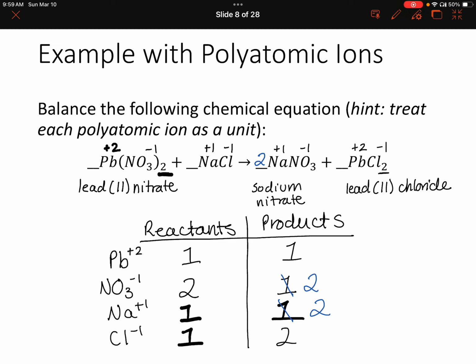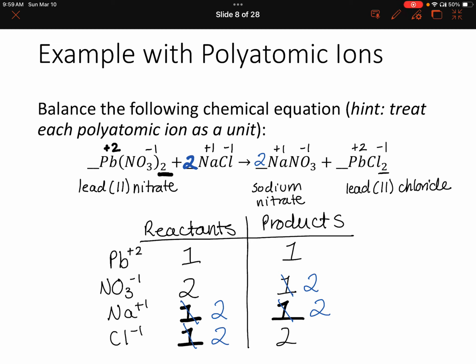So it looks like we need to multiply sodium chloride by 2 to give us 2 sodium ions, but we're also now going to have 2 chloride ions on the left. But that's great because we needed 2 chloride ions. We already had 2 in the products, so now we have 2 in the reactants. All right, so it looks like we have a ratio of 1 to 2 to 2 to 1.